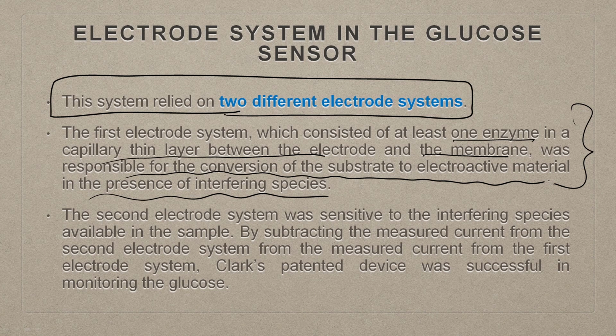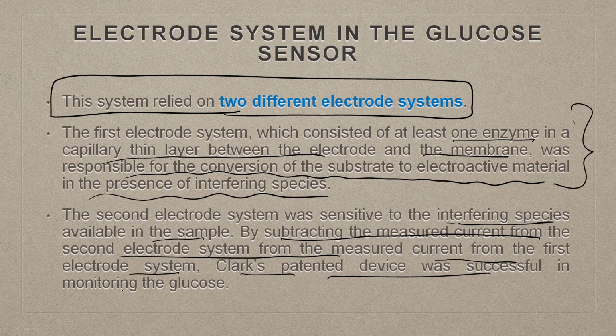This is the first electrode system. The second electrode system was sensitive to the interfering species available in the sample, by subtracting the measured current from the second electrode system from the measured current from the first electrode system. Clark's patented device was successful in monitoring the glucose.